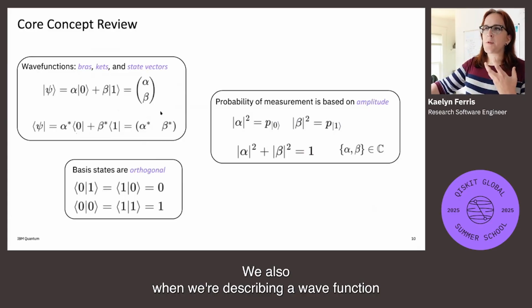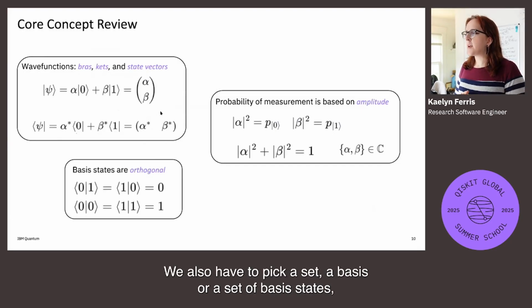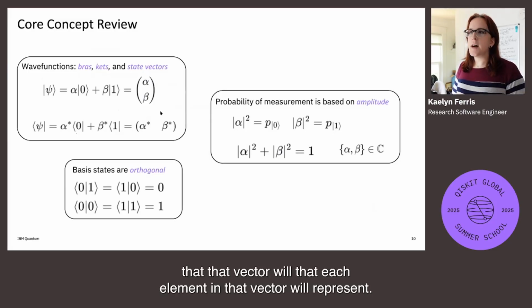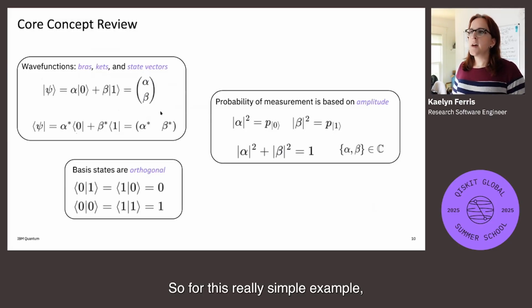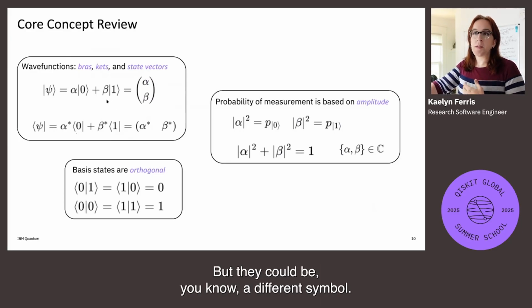We also, when we're describing a wave function or thinking about how to write down a state vector, have to pick a basis, or a set of basis states, that each element in that vector will represent. So for this really simple example, the two elements of this basis are the 0 and the 1 state, but they could be a different symbol.